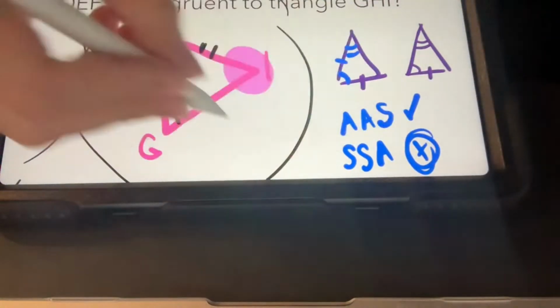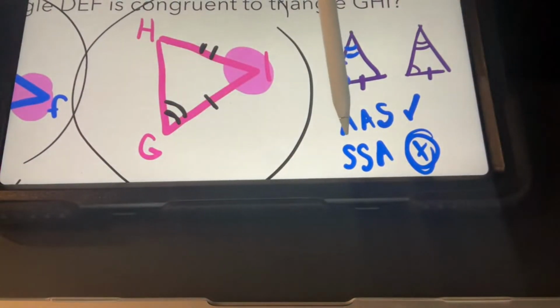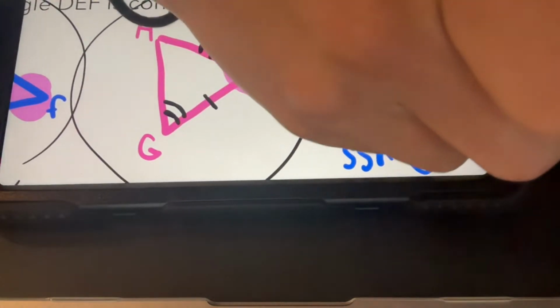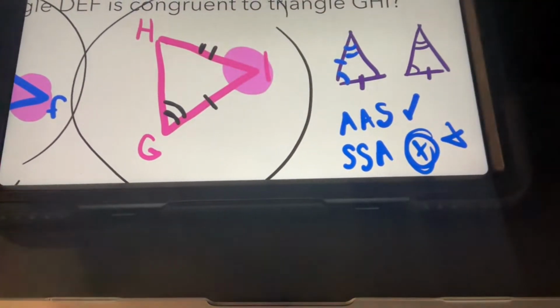And if I wrote it backwards, angle, side, side, it's a bad word, which means it does not work for triangle congruency. You cannot do triangle congruency with it. I hope that helps. Stick it in your brain, because it helped me and I never, ever used angle, side, side because it doesn't work.